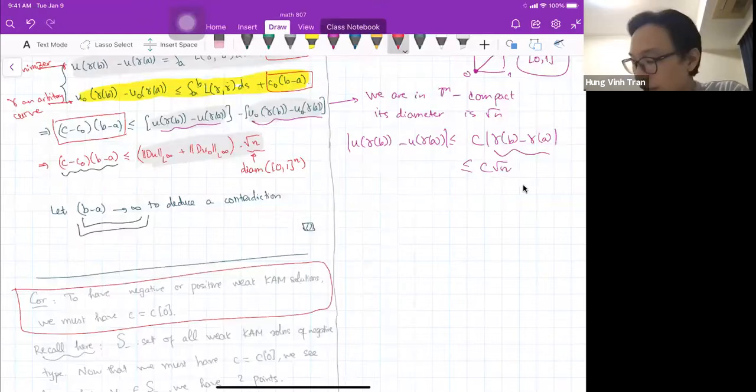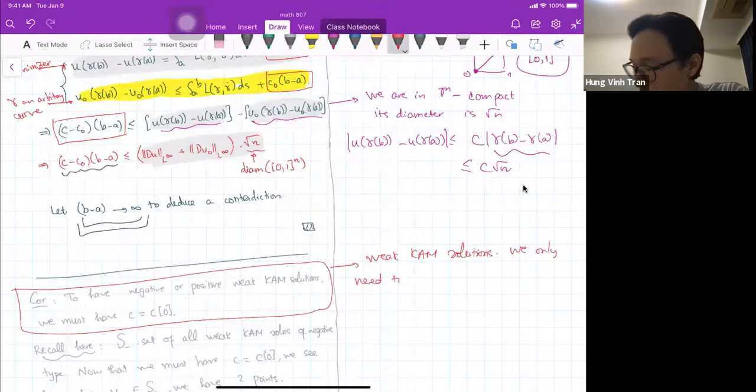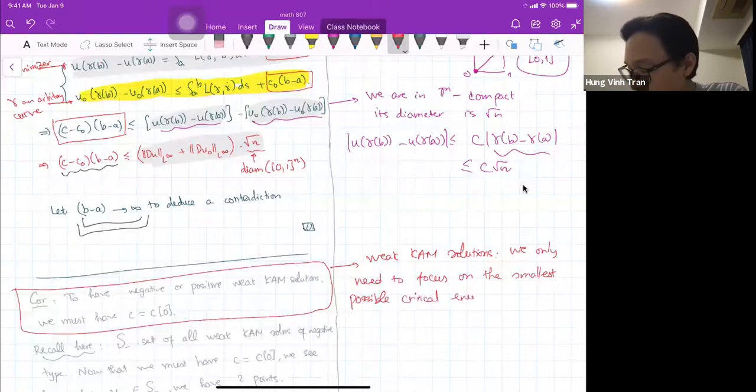And that tells us that to consider weak KAM solutions, we only need to focus on the smallest possible critical energy level of H, which is C naught, right?